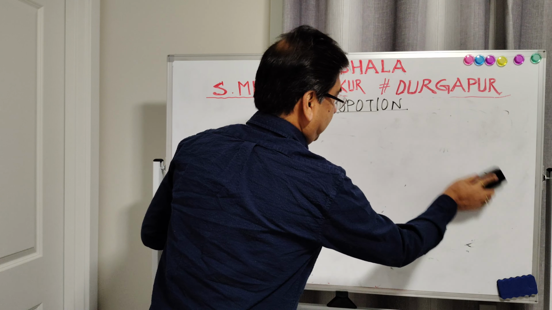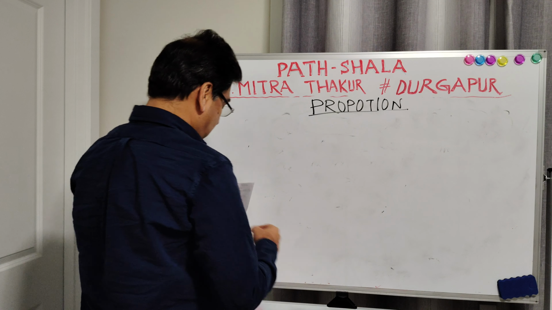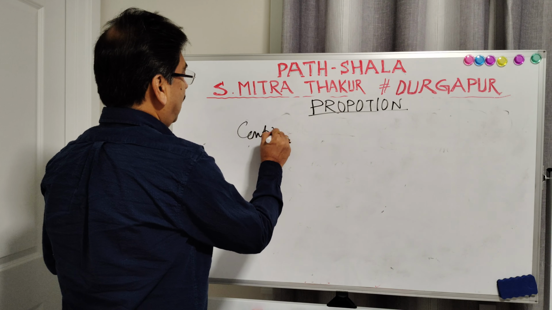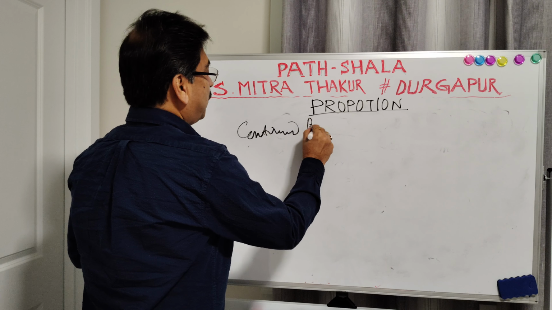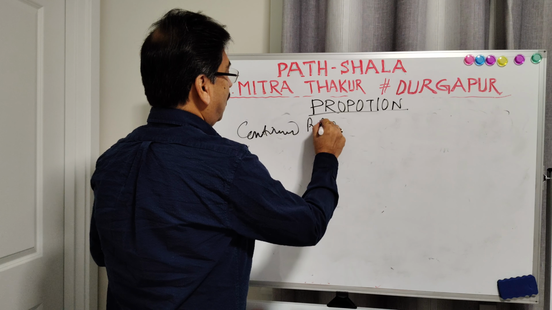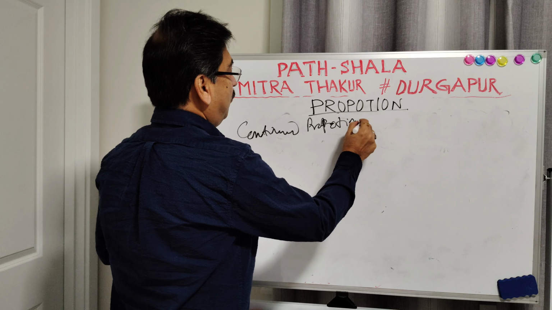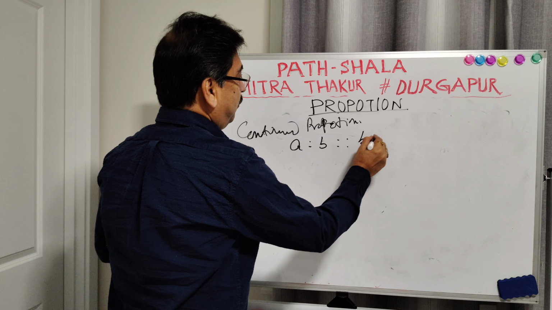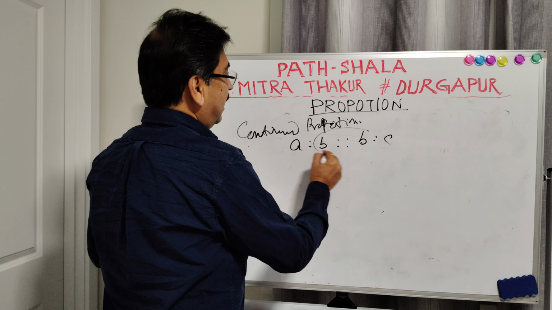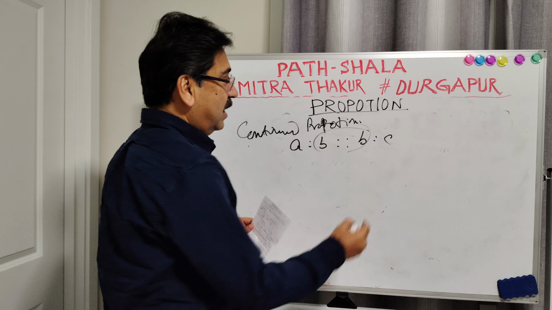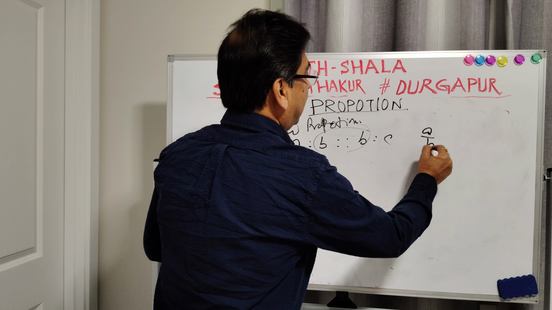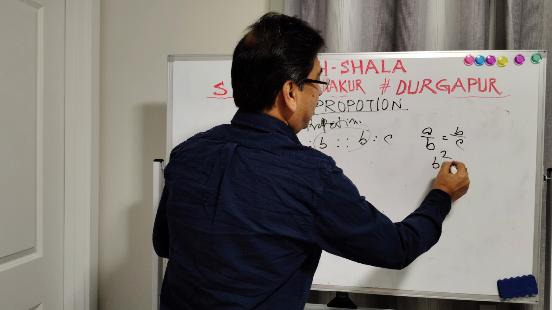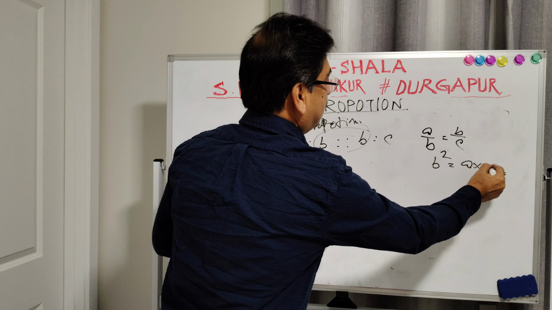One thing is very special in the proportion chapter, that is continued proportion. Continued proportion means A is to B proportion B is to C. Here you just see that B is common. That means A by B equal to B by C. That means B square is equal to A into C, cross multiplication.